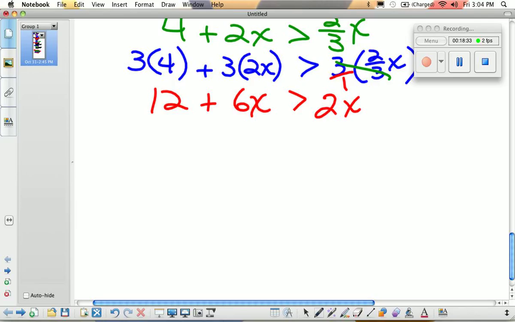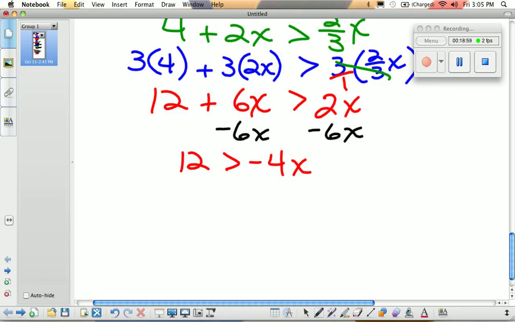Okay, so what are we going to do now? Subtract 6x. And now we have 12 left over here and negative 4x, right? Yeah. Next, what do we do?